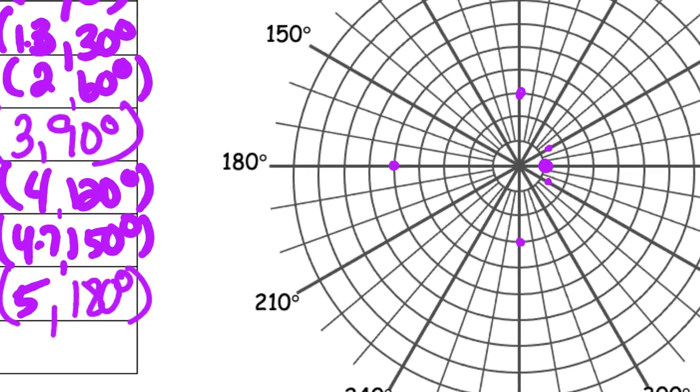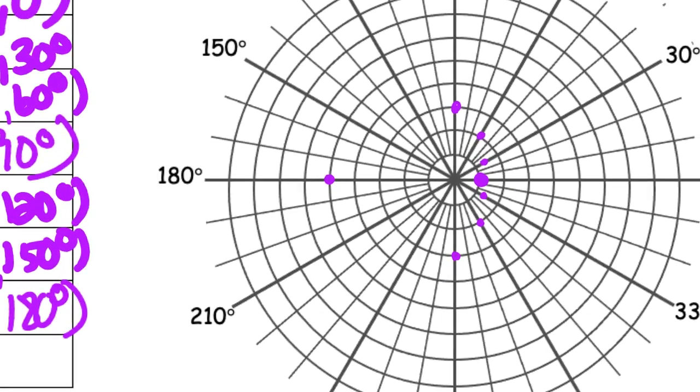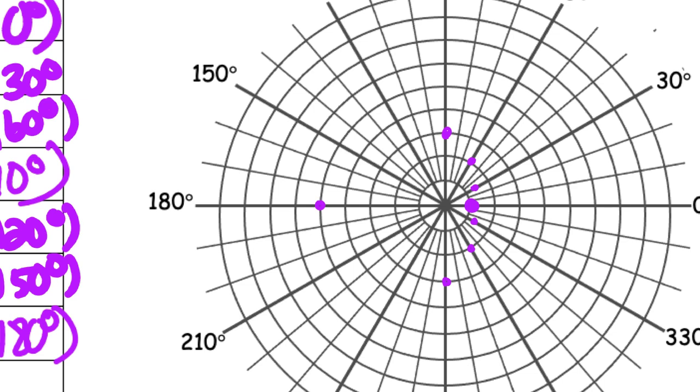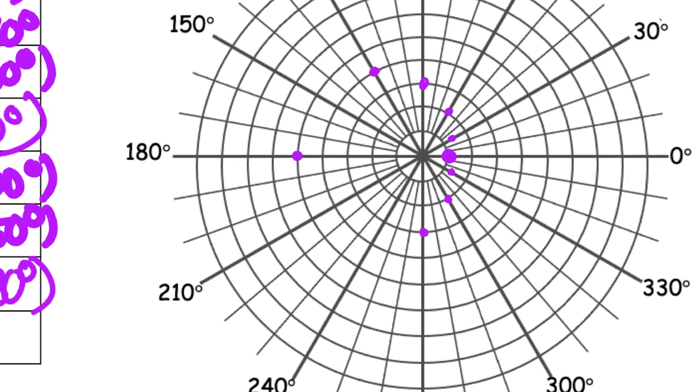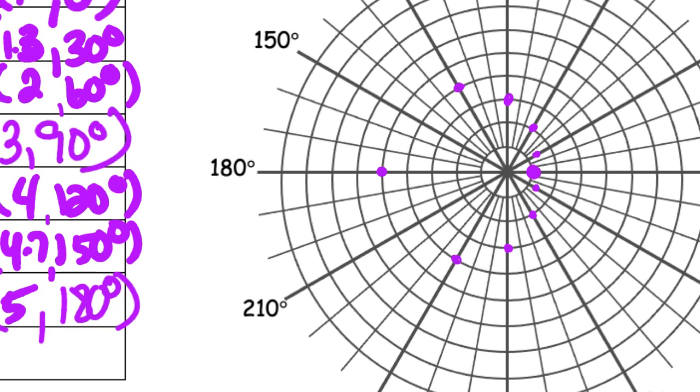Okay, then we got 2 at 60. So when we do 2 at 60, I'm going to slide that all the way around to 300. 4 at 120, and I'm going to slide that all the way down to 240. And then our last one was 150 at 4.7.